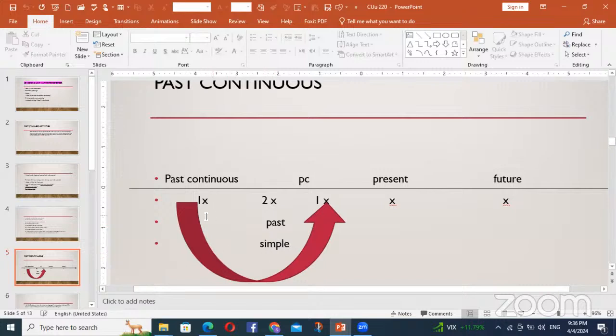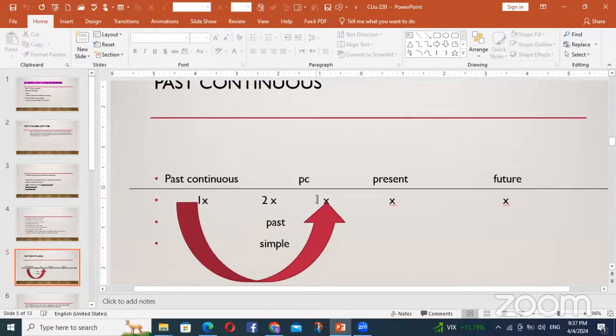The past continuous, we call it here action number one, and it goes on for a period of time. The past simple is an action that happened and finished in the middle of another action. This other action is a long one, and we call it past continuous. That's why I give the past continuous number one here.